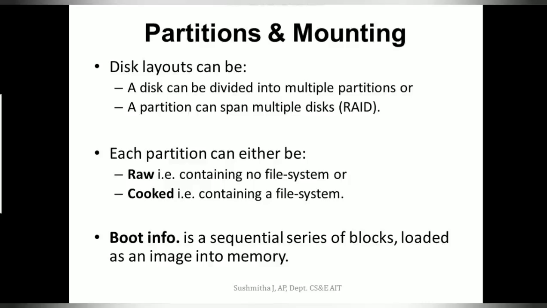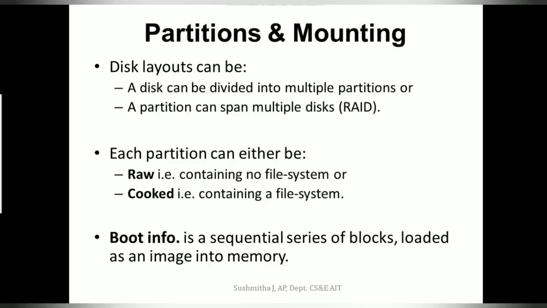And then we have the boot information that can be stored in a separate partition. Again, it has its own format because at the boot time the system does not have the file system code loaded. Therefore, it cannot interpret the file system format. Now, what is the boot information?